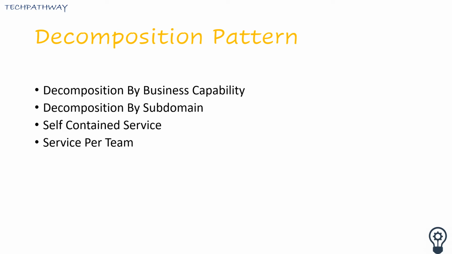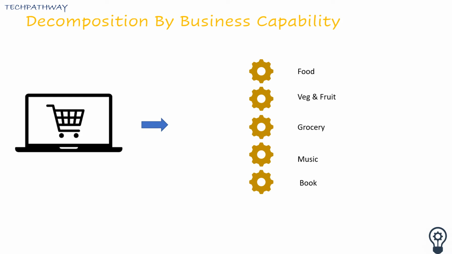On the basis of these we can segregate, and one by one we will see how we can do that. In day-to-day life we are using Amazon, Flipkart, and many other applications. They provide multiple services, and we can see how these services can be segregated.